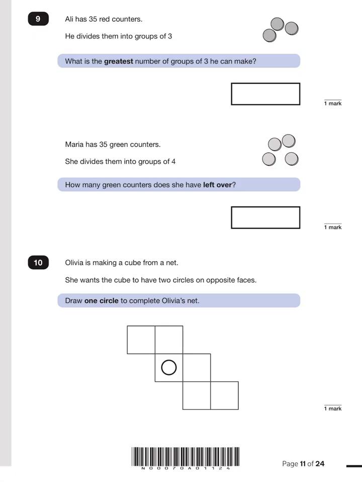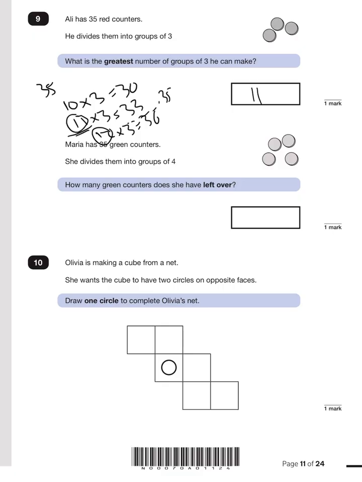So we have got 35. 10 groups of 3 would make 30, 11 groups of 3 would make 33, 12 groups of 3 would make 36. 35 is between 33 and 36, so between 11 and 12 groups, so the most he can make in terms of a full group would be 11.